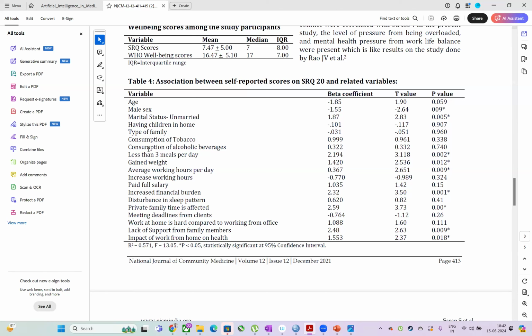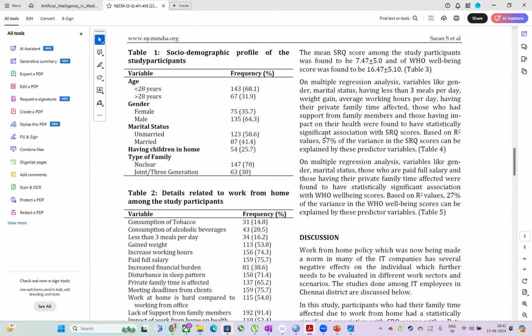So how am I going to write this in the result section? In the result section, I am just going to say that on multiple regression analysis, variables like so and so were found to have a statistically significant association with SRQ20 scores. Based on R square values, 57% of the variance in the SRQ20 scores can be explained by the predictor variables.